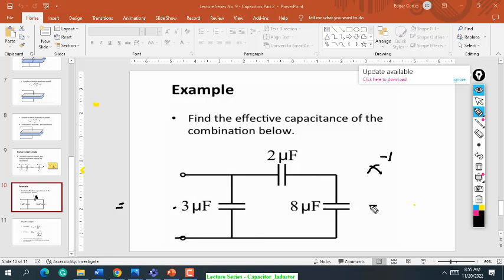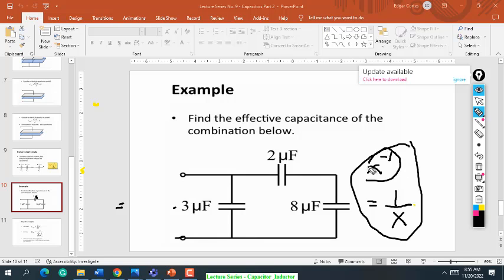Actually, that is equal to 1 over x, using a fraction. They are equal. So this is the calculator's x to the negative 1.